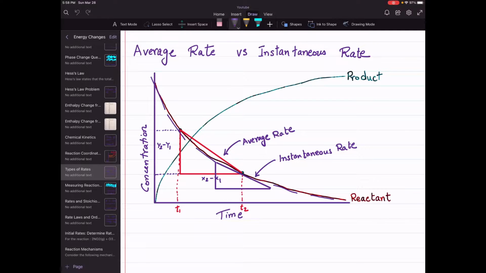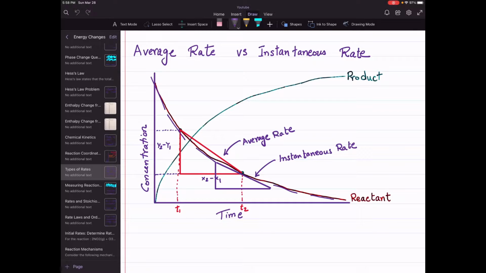Okay, now I'm going to try to link it for you to collision theory, or the collision model. If you understand what the collision model was, initially we had lots of reactants and there was a very high chance of these particles colliding with one another, and therefore the reaction rate was high. As the reaction has progressed, the concentration of the reactant has declined, and now the chance of the right reactants colliding with one another with sufficient energy has declined with it.